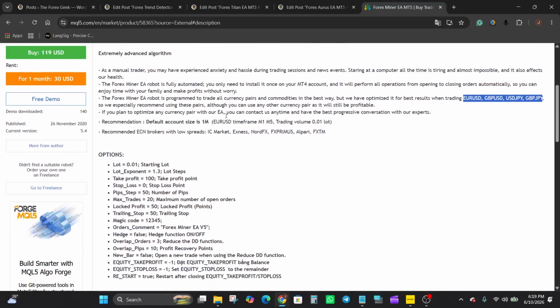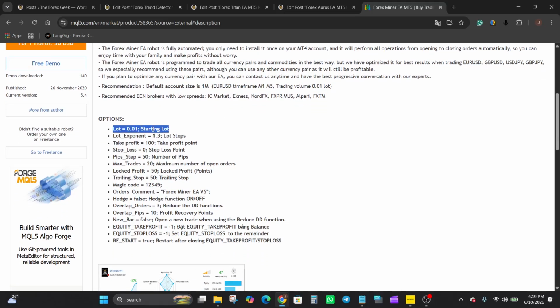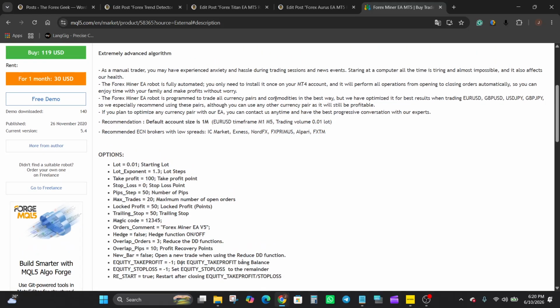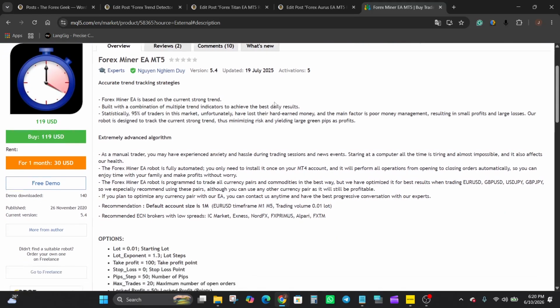Okay, looking further down, I can see recommended settings such as using a starting lot of 0.01 and in some cases an account size reference of 1M depending on the setup context. It also mentions ECN brokers with low spreads for better execution conditions.